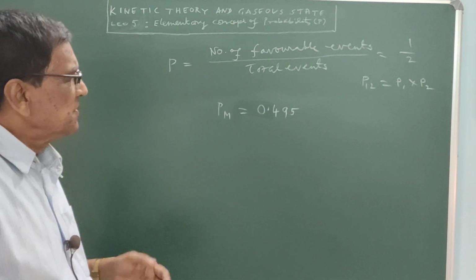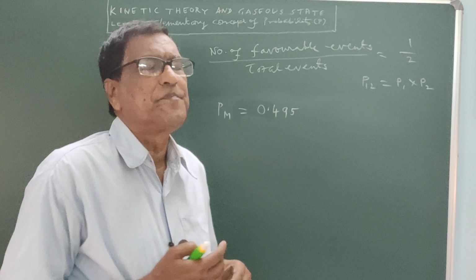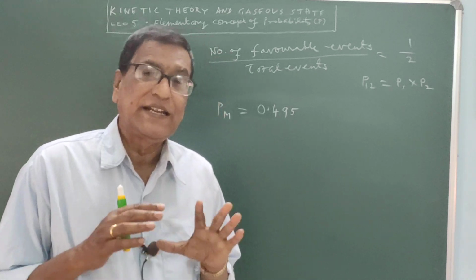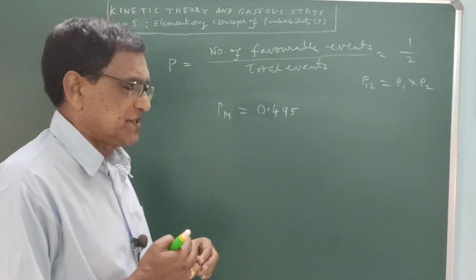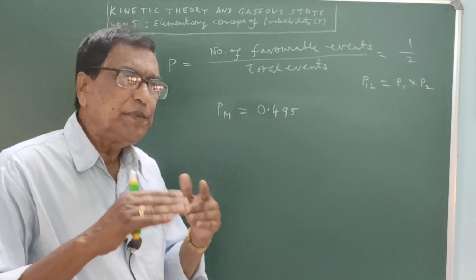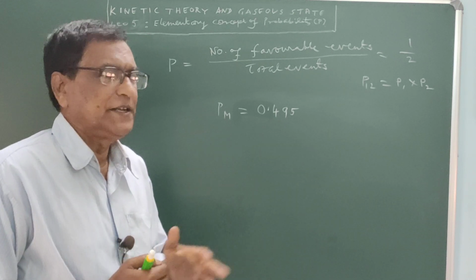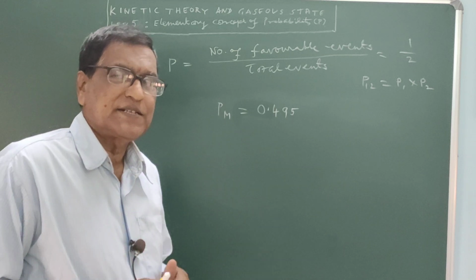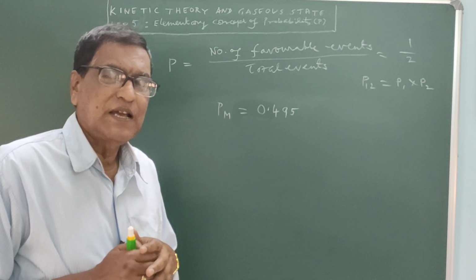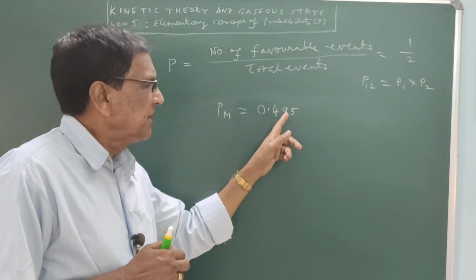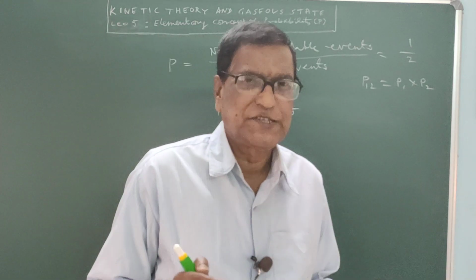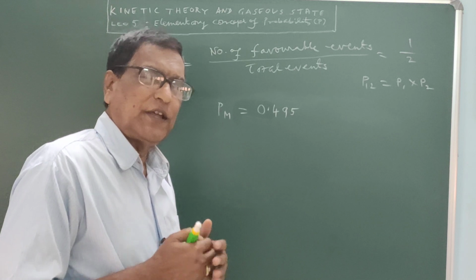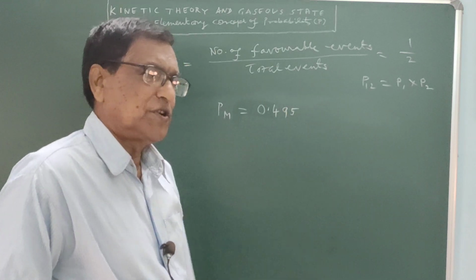What does it mean? It means in a country with a large population, if you select a person, then the probability of that person being male is this value. It means that if you choose 1000 persons at random, then 495 persons will be male. So whenever a large number of events occur, this will hold.